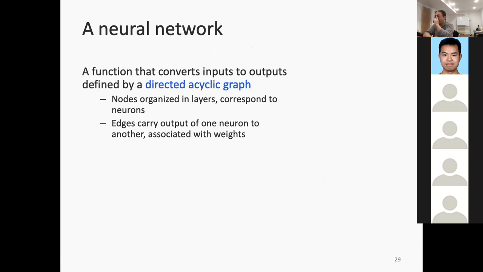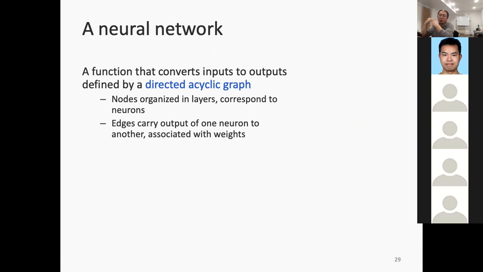Now let us look at the neural network. You can build a neural network as a function that converts the inputs to the output. This function is defined on a directed acyclic graph. Basically, the nodes are organized in layers, layer by layer. Each node corresponds to a neuron.